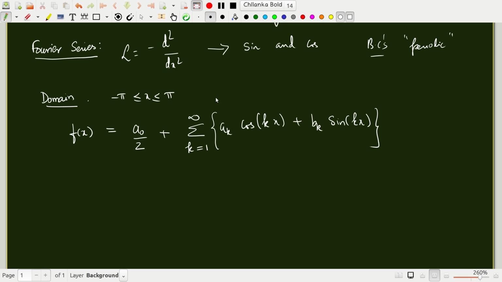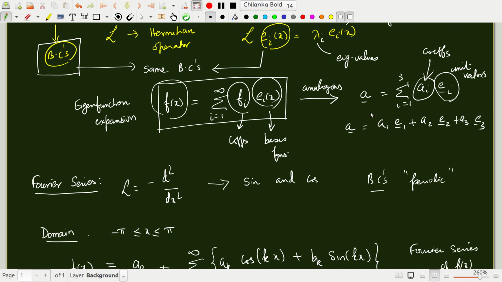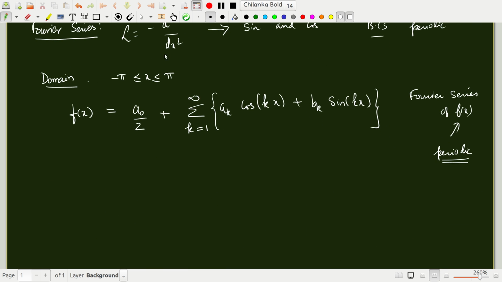This is called the Fourier series of f of x. The periodic function f of x can be expressed in terms of sines and cosines, much like we expressed any vector in terms of the three unit vectors as a sum of unit vectors and coefficients. It's in the same manner.